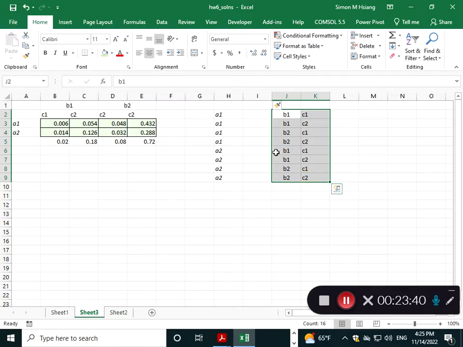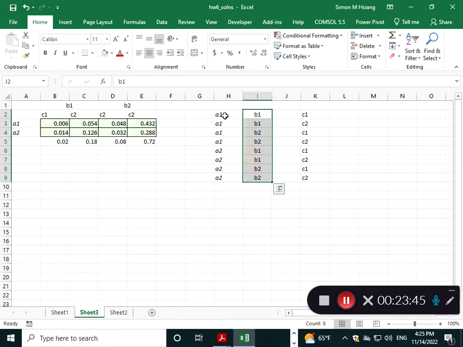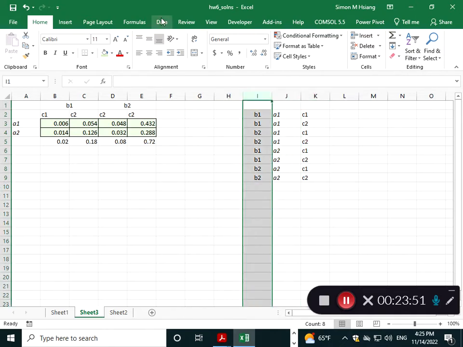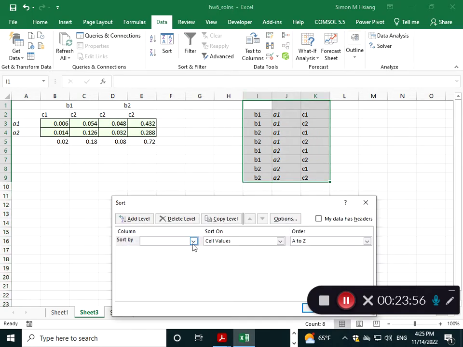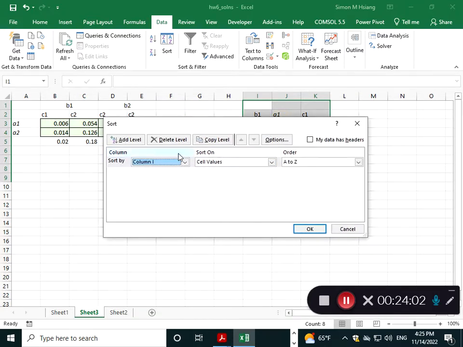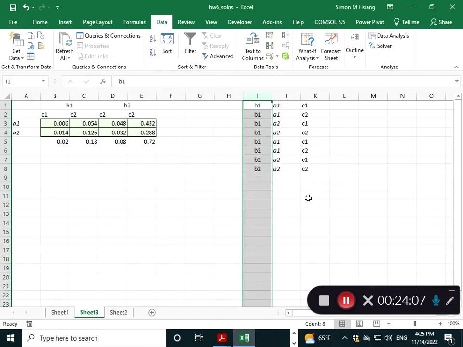Let me do it this way. Okay, given this, all I need to do is sort by column I, and then at another level by column J. Can I start from a bunch of B1 and then A1?